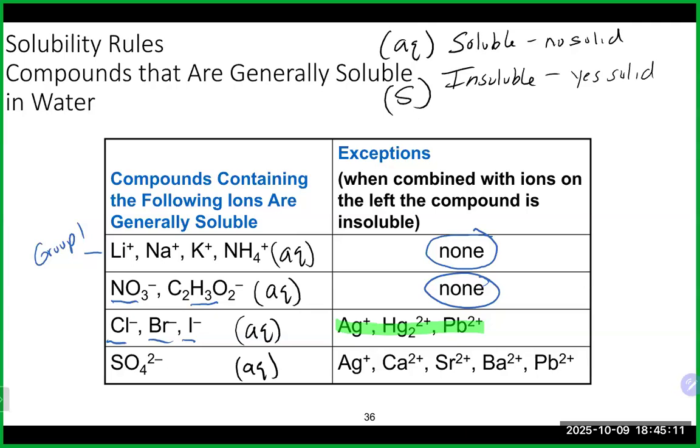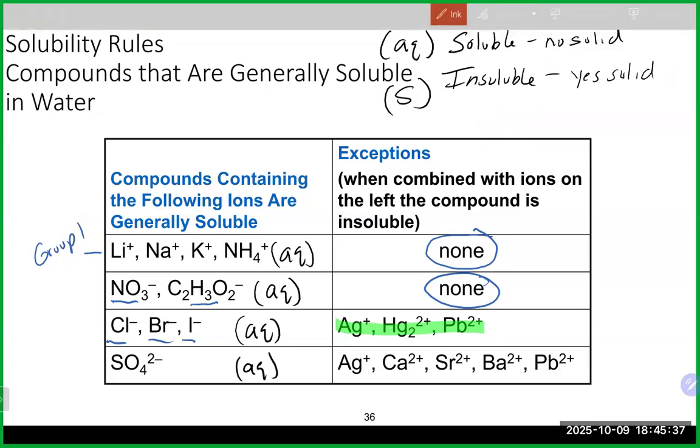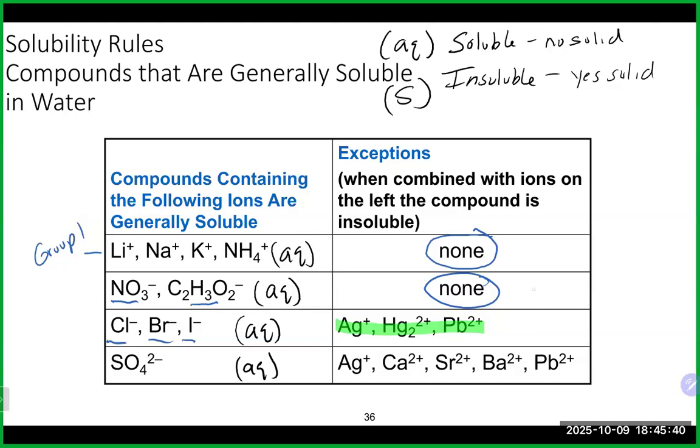Silver, mercury 1, and lead 2. So if you have any of those things, chloride, bromide, and iodide in a formula, and there is no silver, lead, or mercury, it's going to be soluble. But if you have chloride, bromide, or iodide in a formula that is attached to either silver, mercury 1, or lead, it is actually going to be the opposite and become insoluble. So if you have any of those guys, it's going to become insoluble and be a solid, and you would expect a precipitate to form.